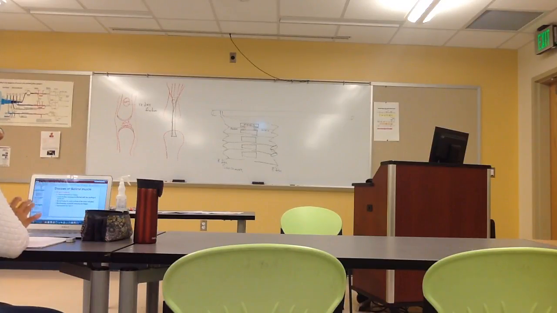As it's healing itself and making new bone tissue, you're first going to have cartilage be built. So you're going to have what's called a fibrocartilaginous callus form.